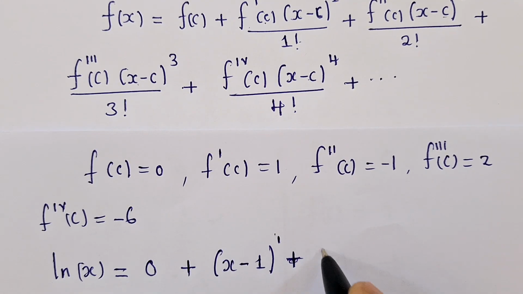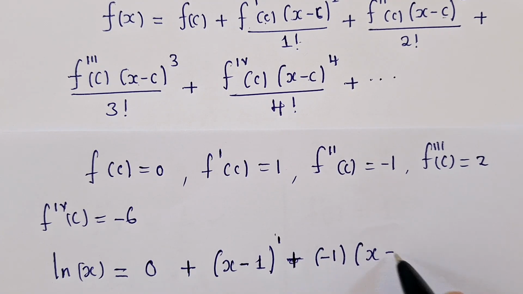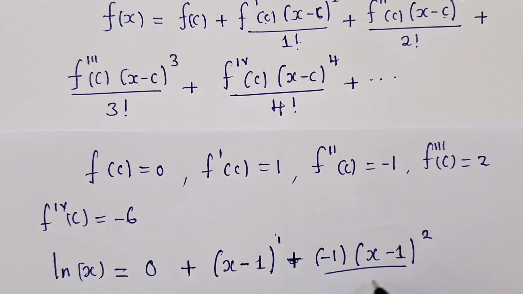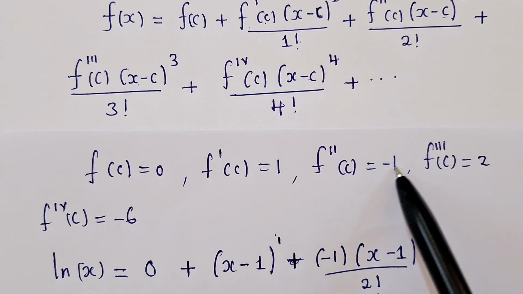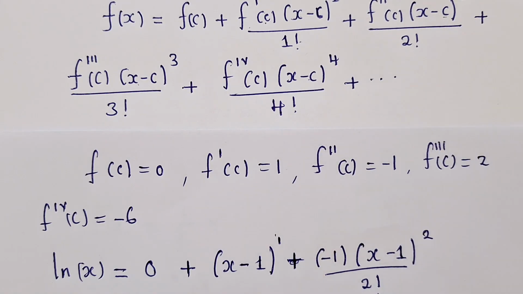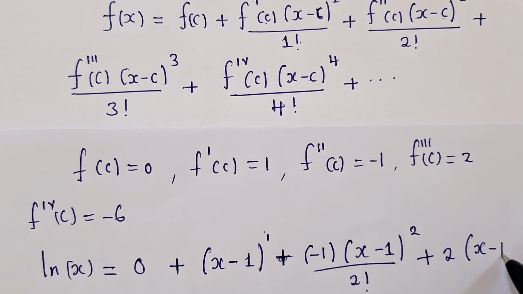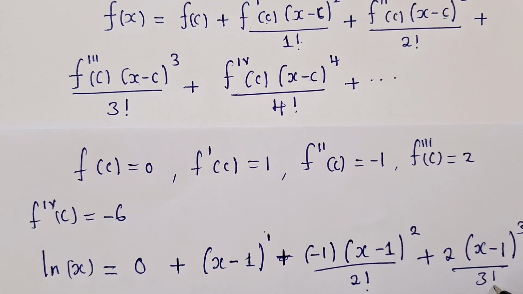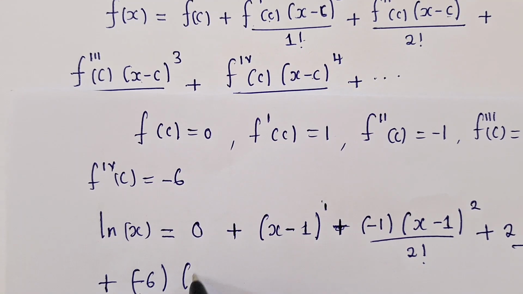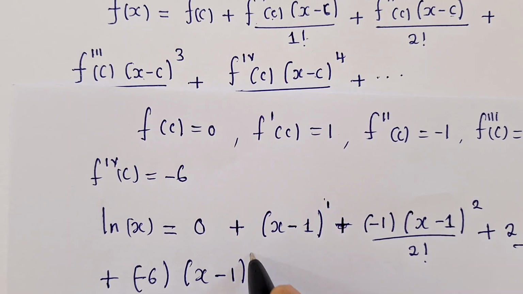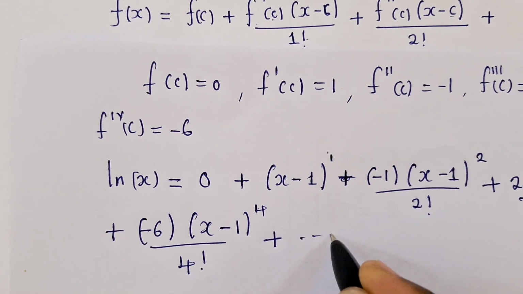Okay, you can say plus negative 1 multiplied by x minus 1 power 2 over 2 factorial. You can see this, of course, is the negative, which is right here, and we copy everything the way it looks, plus 2 open bracket x minus 1 power 3 over 3 factorial, and then plus negative 6 x minus 1 power 4 over 4 factorial plus.